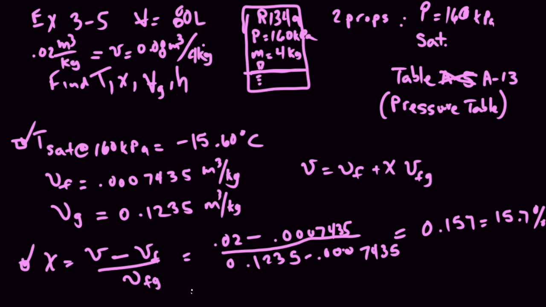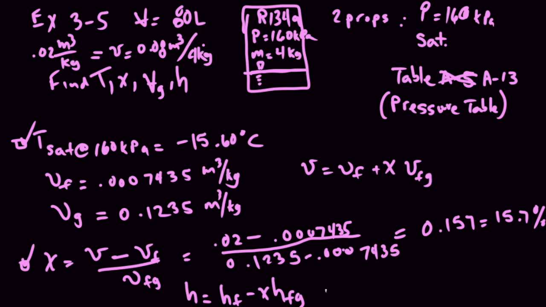To find enthalpy at that point, we need basically the enthalpy of the liquid at 160 kilopascal plus X times H sub fg. H sub fg is basically H sub g minus H sub f, and these are table values that you can subtract, but it's also given in the table.